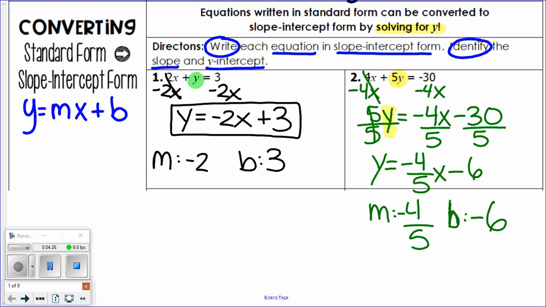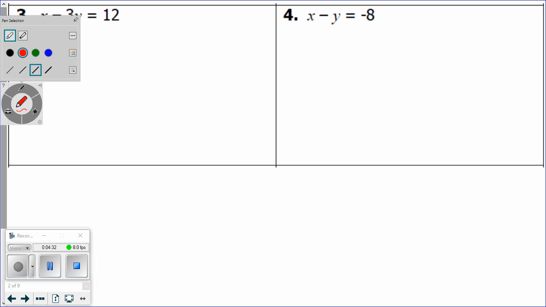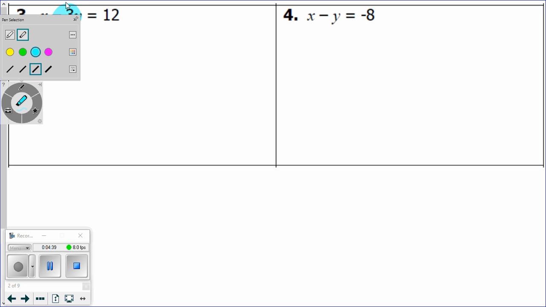All right, let's walk through question 3. So our goal here is to get negative 3y by itself.